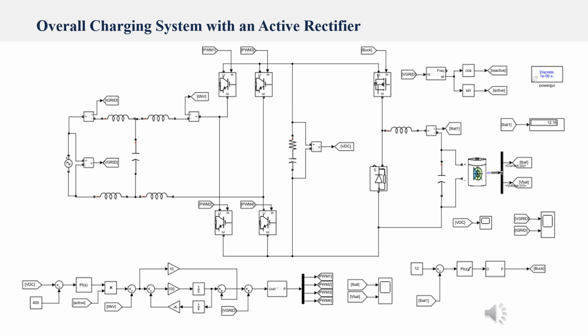In the next cycle, PWM3 and then PWM2 come on, and then PWM1 and then PWM4 go off. So after the switching, we get a pulsating DC, which is not smooth for our operation.